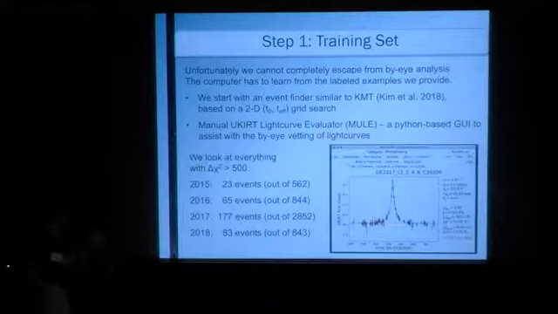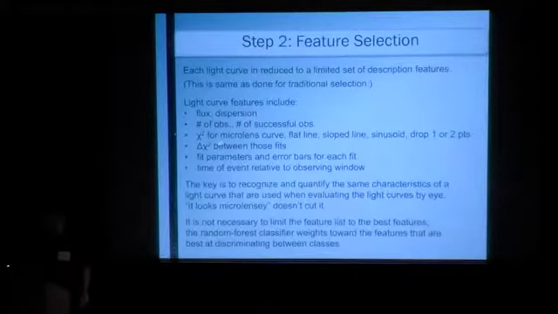We've done this the same way as everyone else, and we find hundreds of events over the last few years. We had a couple of test seasons before we get into our main survey. I'm just going to be focusing on last year's data for the rest of the talk, where we've got about 200 events.